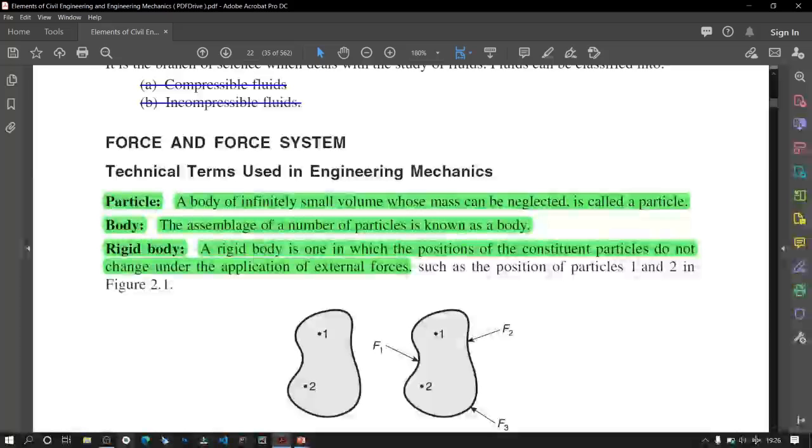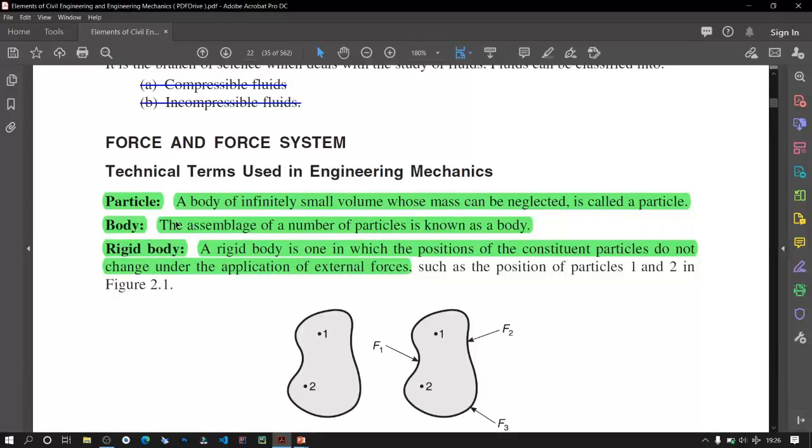A particle is of infinitely small volume whose mass can be neglected. It is infinitely small, and its mass can also be neglected. Now a body is an assemblage of a number of particles.